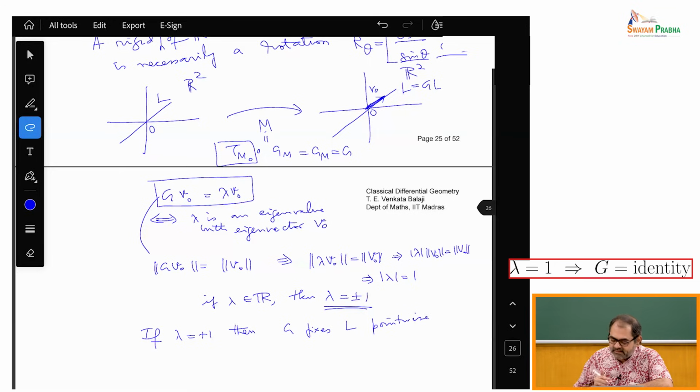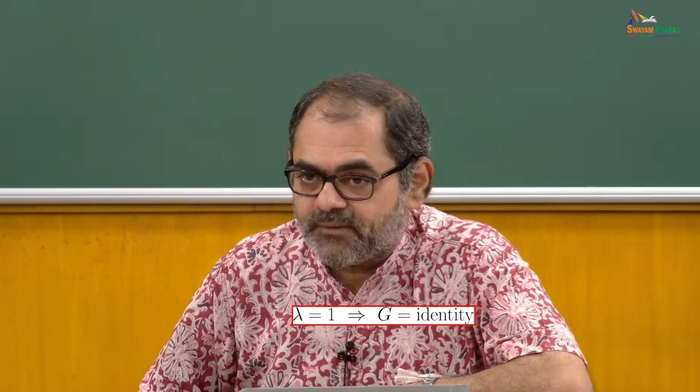Since G of mu V naught, instead of lambda let me put a mu, G mu V naught is mu G V naught, which is mu V naught, because G V naught is V naught. So every vector on that line will be fixed. That means the whole line will be fixed by G.